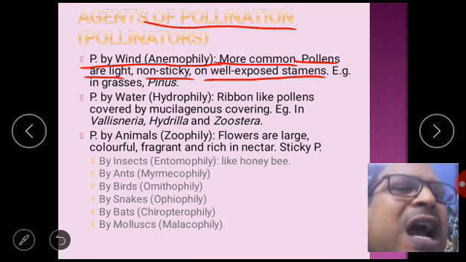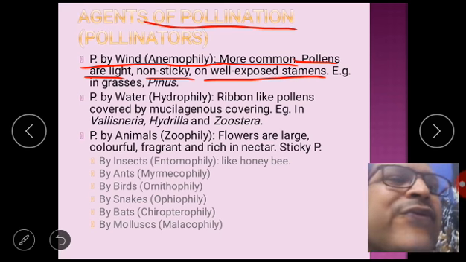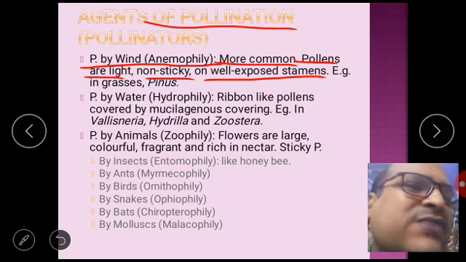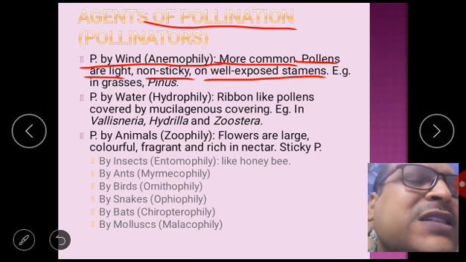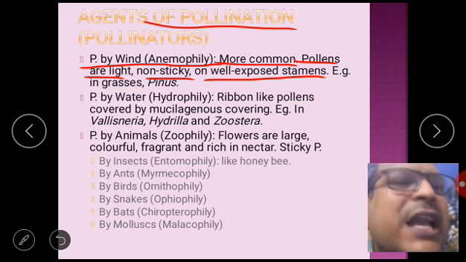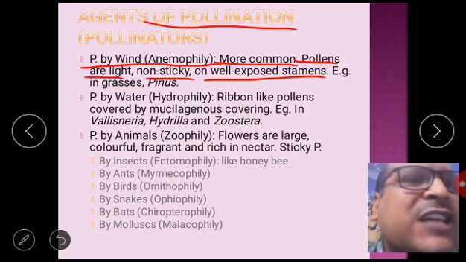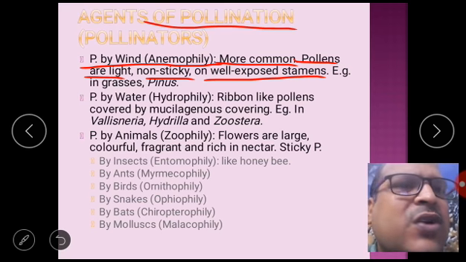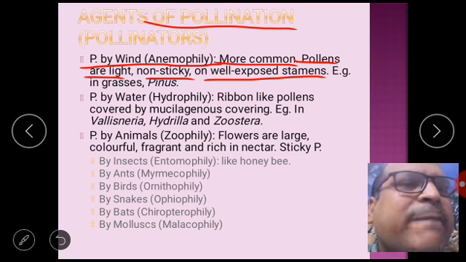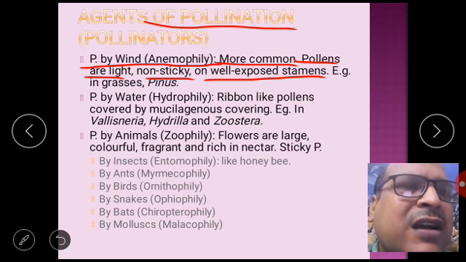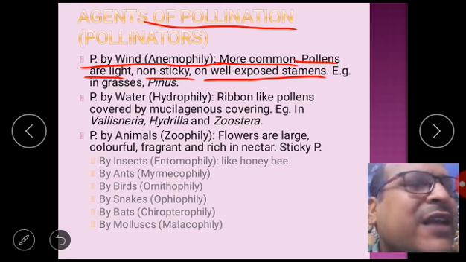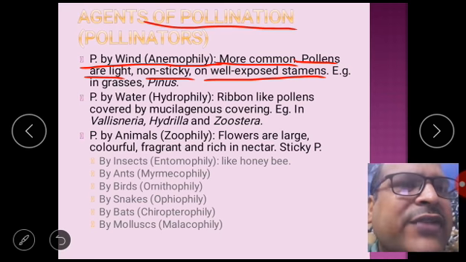Now they are present on well exposed stamens. What do you mean by this? If the stamens are not properly exposed, then they cannot come in contact with the wind current, so it will be difficult for them.